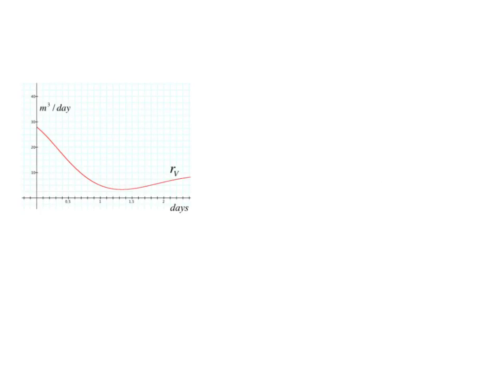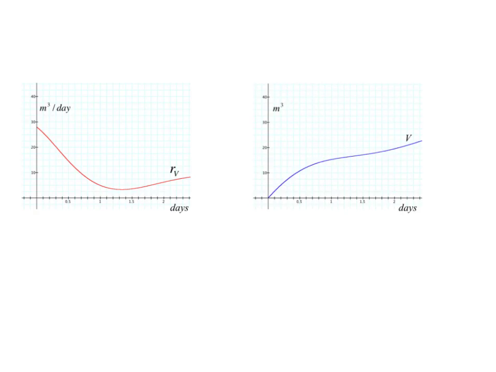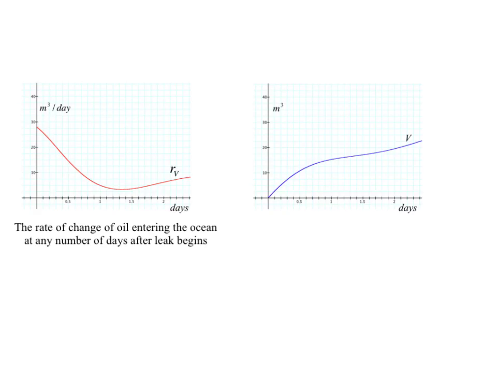So this is just an overview of what we're doing. Remember we talked about this rate with exact rate of change. What is our goal? Our goal is exact net accumulation or total accumulation. So this is the rate of change of oil entering the ocean, and this is the accumulated volume of oil in the ocean.